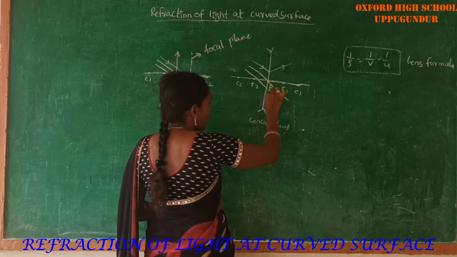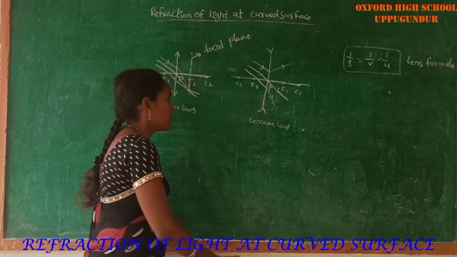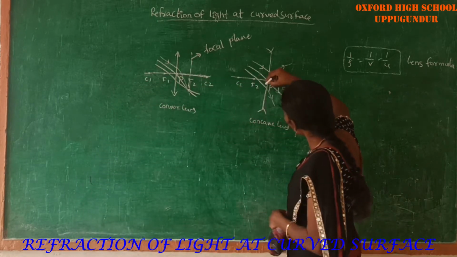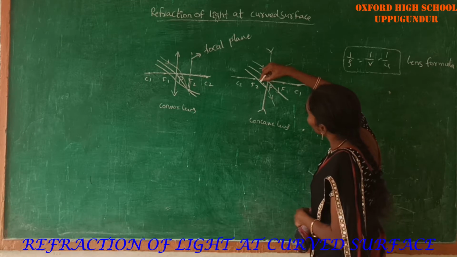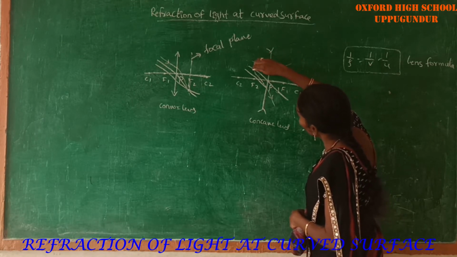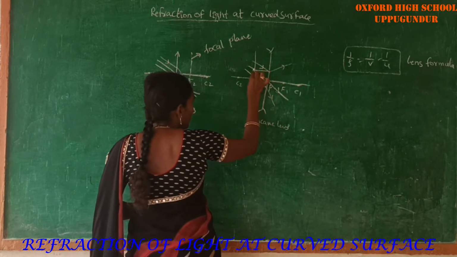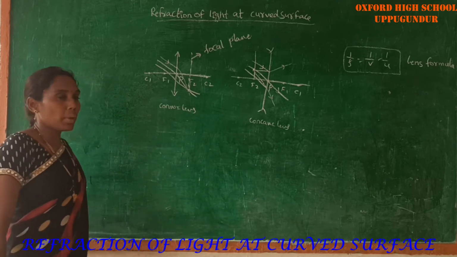After refraction, it bends away from the normal. All these refracted rays are extended backward like this. These rays meet at a point. Draw a straight line from this point to the principal axis to form the focal plane.